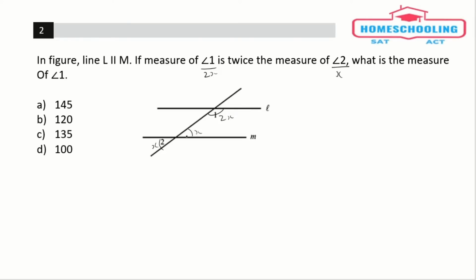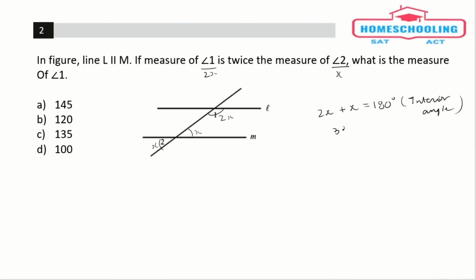And these two are parallel lines, L and M, and this is a transversal, so the sum of interior angles, this angle and this angle, would be 180 degree. So 2x plus x is equal to 180 degree, because they are interior angles.